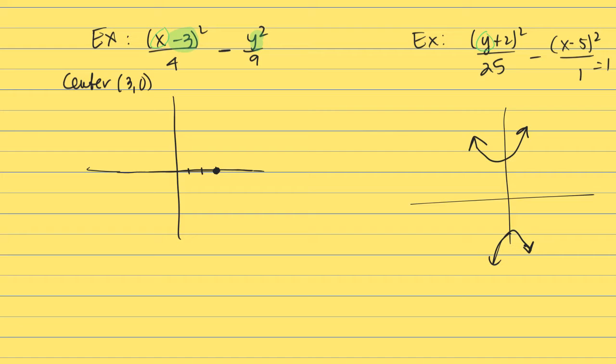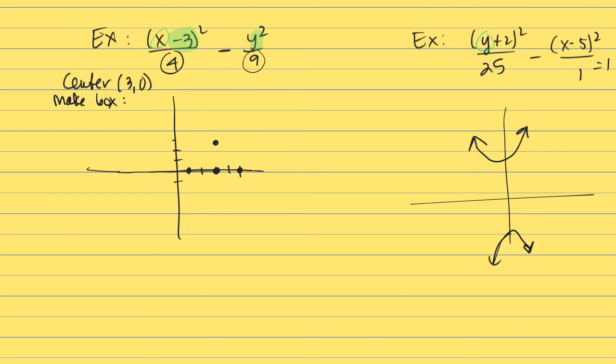Now I make my box. The denominator of x is telling me to move left and right square root of 4, so I move over 2 to the right and to the left. And the square root of whatever's under the y is telling me how far up and down I move.